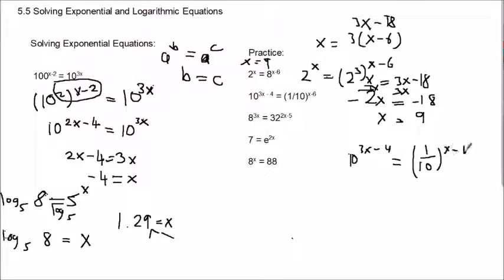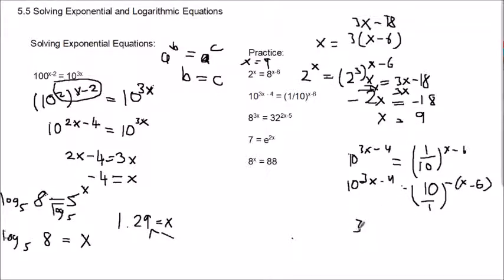In order for us to turn this 1/10 into a 10, we have to make the exponent negative, because if it's negative, we will be able to flip the fraction, just like how we used to do on our exponentials. We flipped our x to the bottom, and we flipped our y to the top if it's negative. So the same thing here. We have 10 to the 3x minus 4 is equal to, we flip this, it's 10 over 1, which is the same as 10, and then we have negative x minus 6.